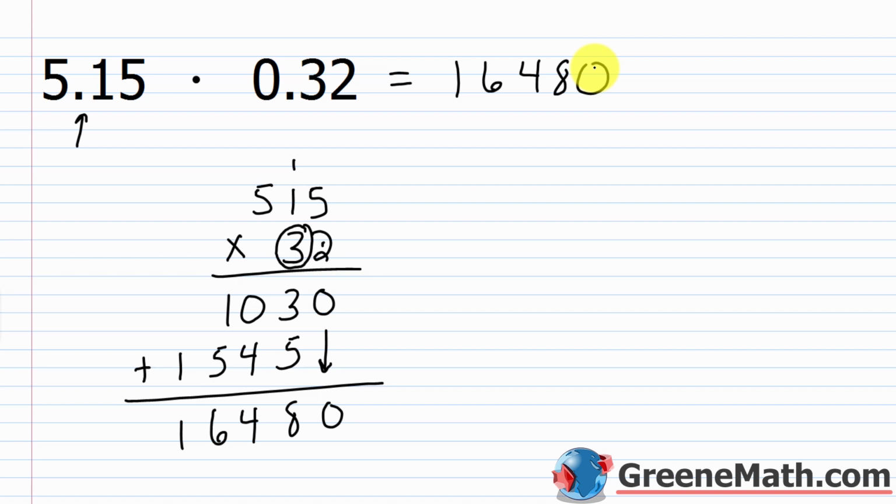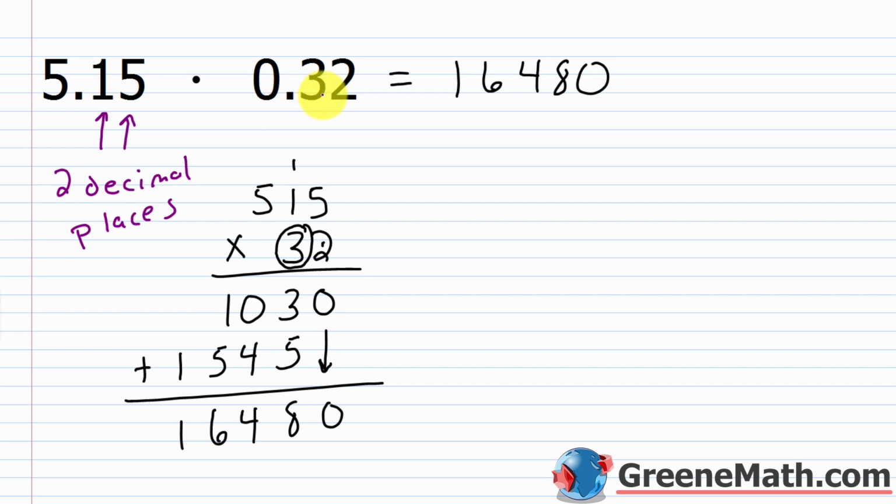Now what I told you is that we're going to move the decimal point to the left by the number of decimal places we have between all the factors. So if I look at these two factors here, in 5.15, I have 2 decimal places.